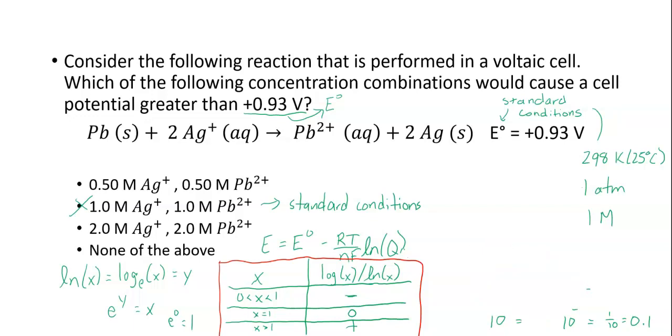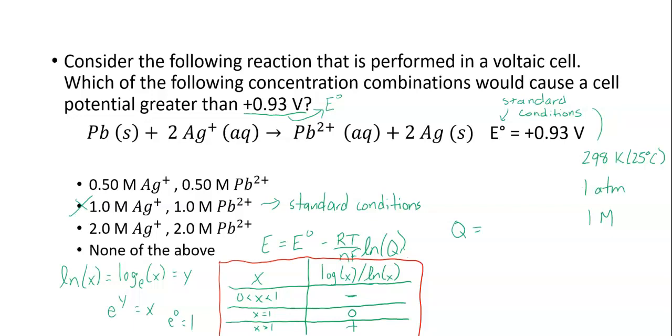So now what we need to do is consider our Q in this case. Remember, this is the reaction quotient Q from equilibrium, so it's the products over the reactants at a particular point in the reaction, not necessarily at equilibrium.